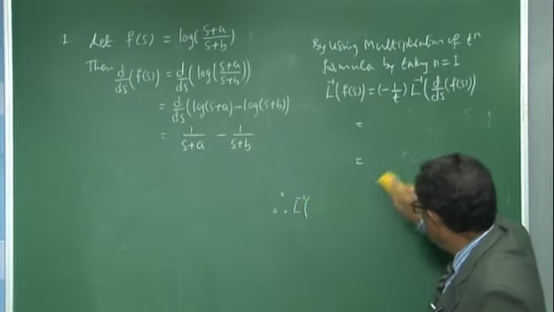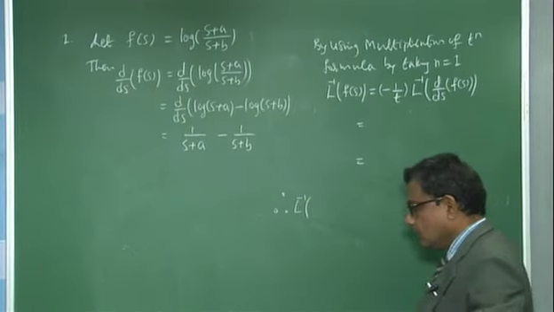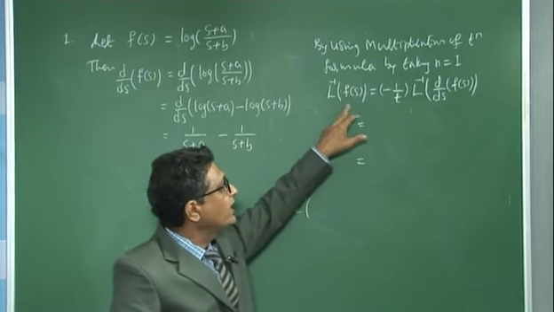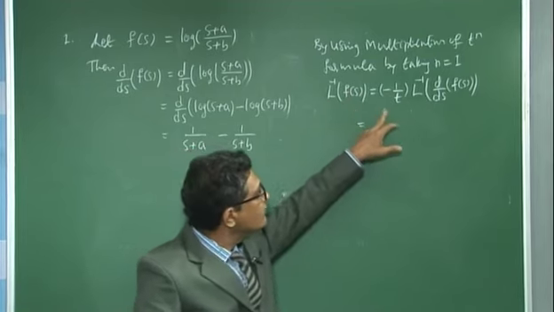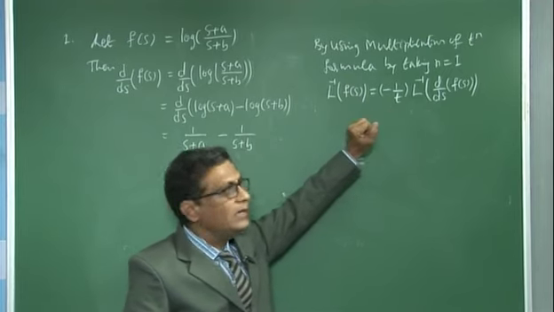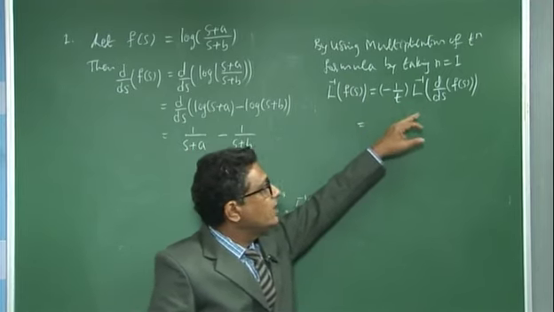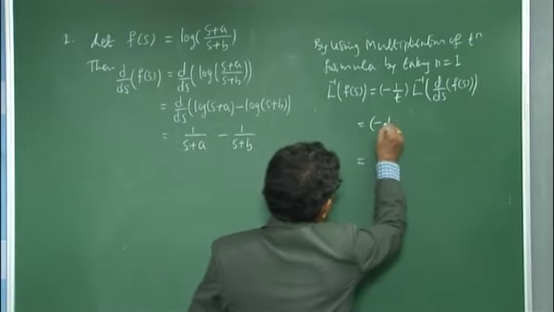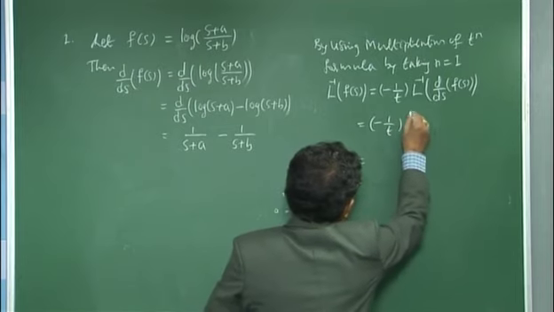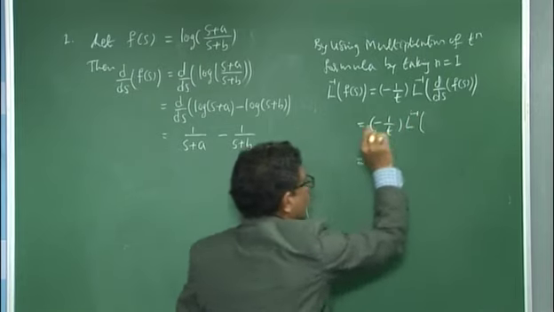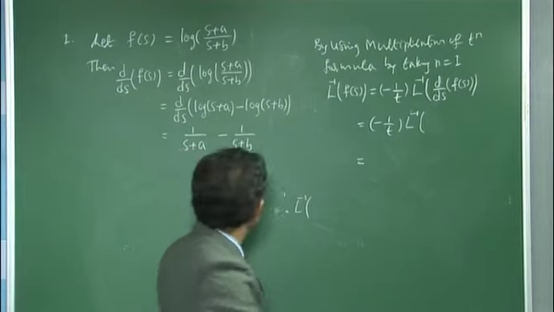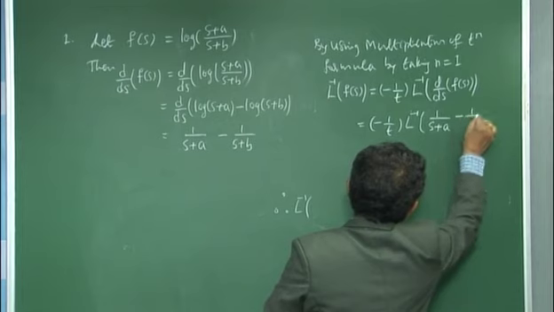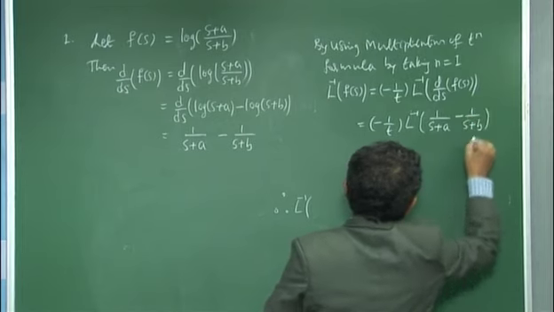Once again write the formula: L inverse of f of s, you must remember, is minus 1 by t, L inverse of d by ds of f of s. Now substitute the corresponding values: minus 1 by t, L inverse of the derivative, 1 divided by s plus a minus 1 divided by s plus b.